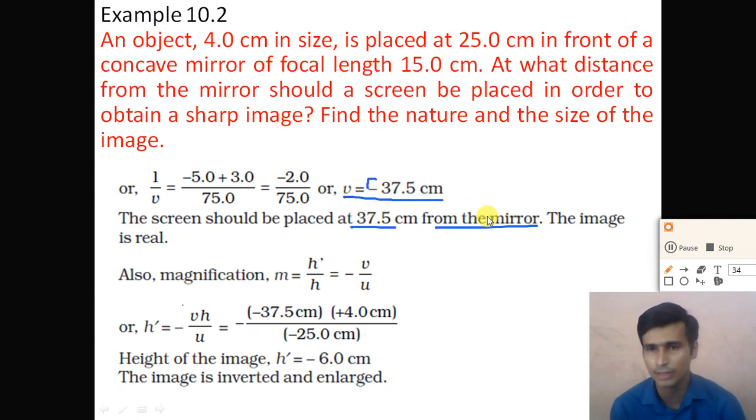So the image obtained by the concave mirror is real and inverted. Next we need to find the nature and the size of the image. So the nature of the image here is real and inverted. With the help of the concave mirror, we can obtain a real and inverted image.